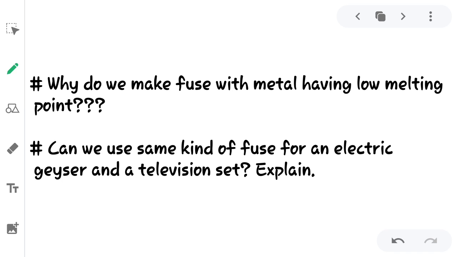So write your answer and send it to me: why do we make fuse with metal having low melting point, and second one is, can we use the same kind of fuse for an electric geyser and television set, that you need to explain.